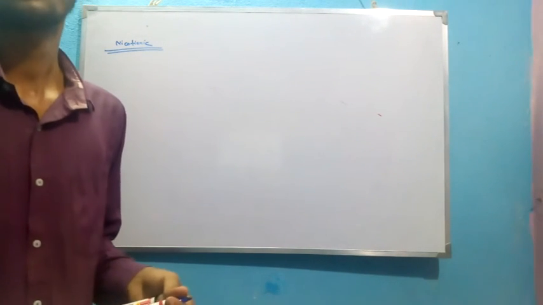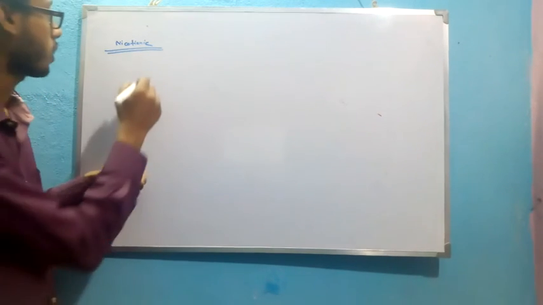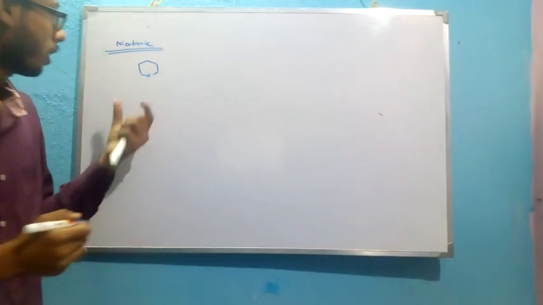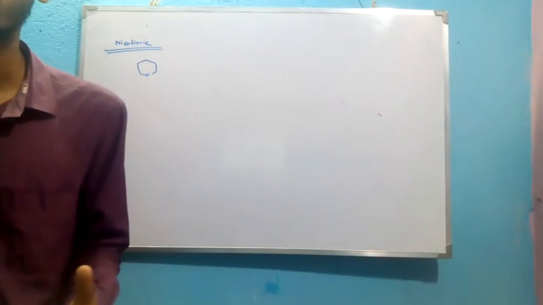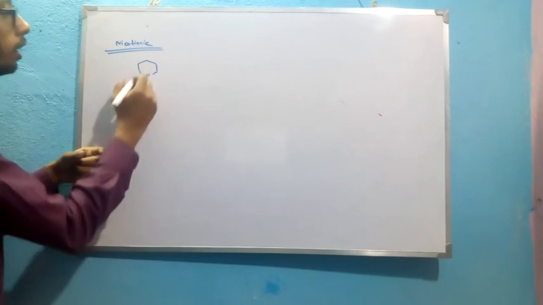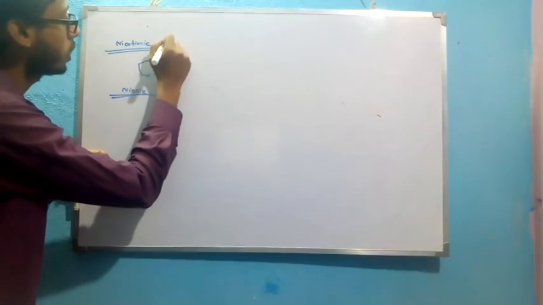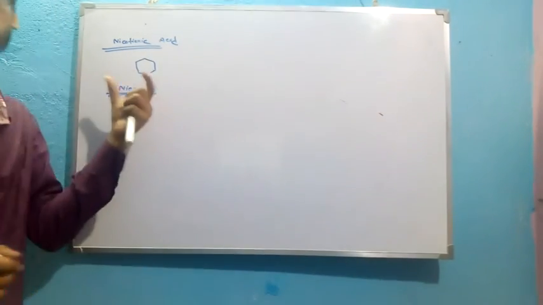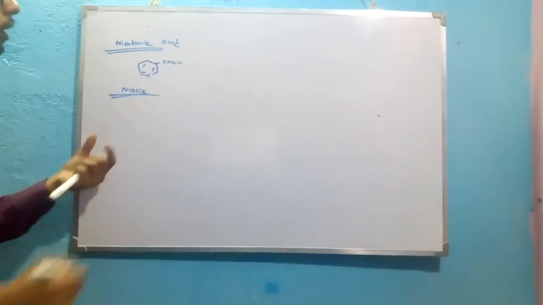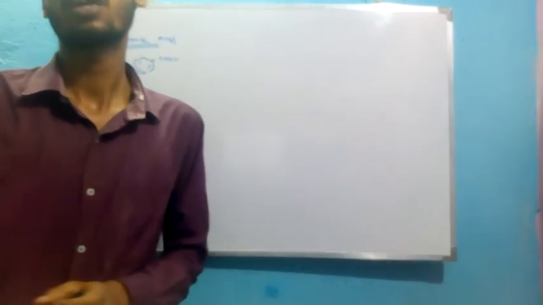I will draw the structure of niacin, which is known as nicotinic acid, containing pyridine with a carboxylic acid at the 3 position.